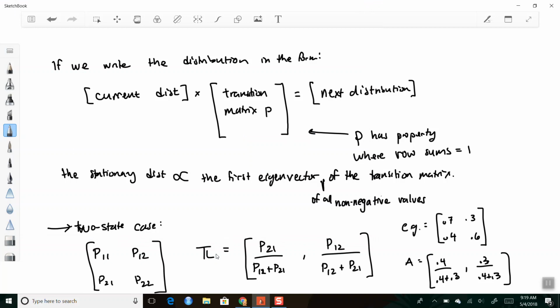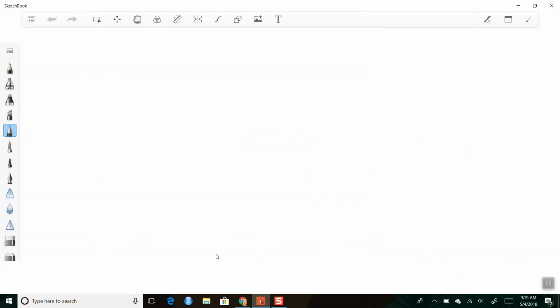Okay. So, obviously, we're going to have to deal with things that are more complicated than 2 states. And so, again, the ultimate goal, the big picture idea, is we want to draw a sample, right?